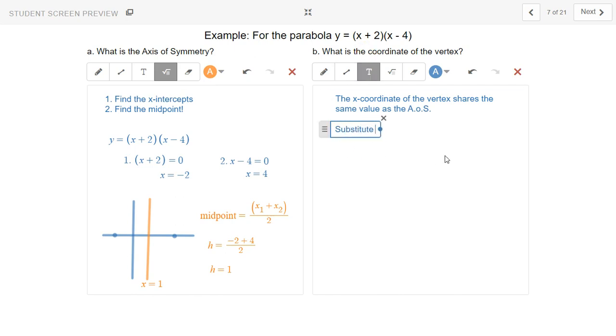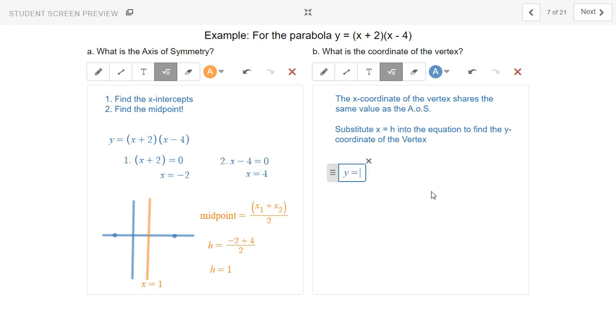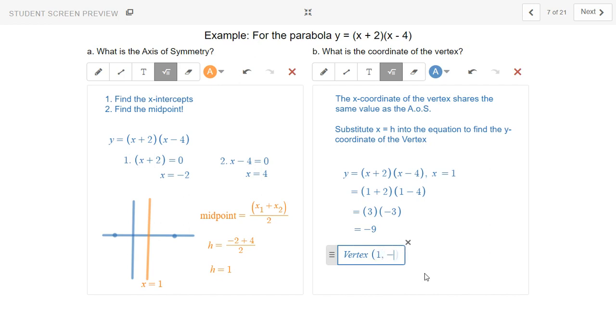Okay, so substitute x is equal to h into the equation to find the y coordinate. We have y is equal to x plus 2 times x minus 4, where we know that x is equal to 1. So now we have 1 plus 2 times 1 minus 4, and this is equal to 3 times negative 3. y is equal to negative 9. Our vertex is going to be 1 and negative 9.